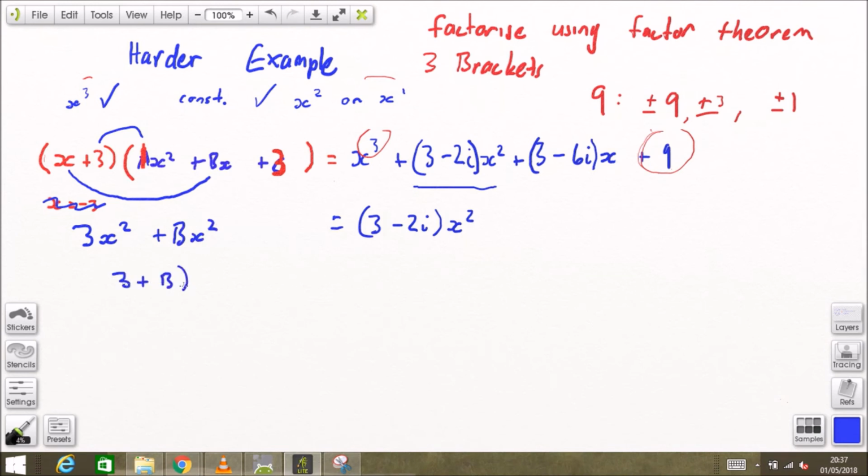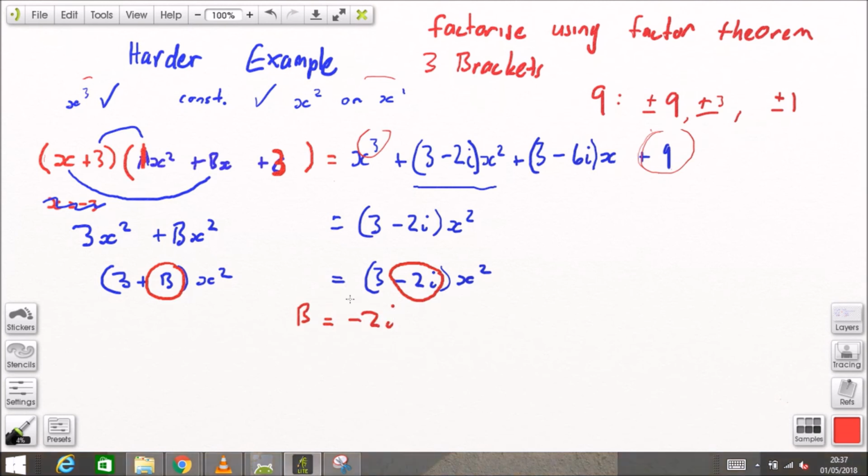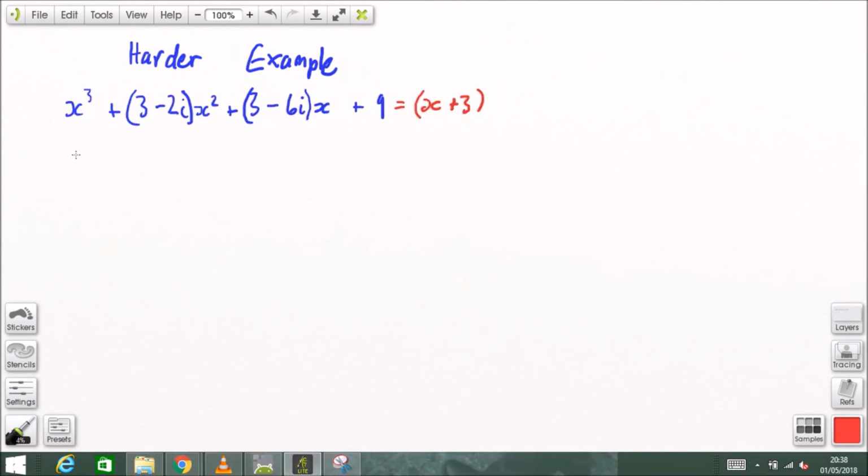They're both x squared terms. So if we combine them, we can see that 3 plus b has to equal 3 minus 2i. So b has to equal minus 2i. We can just see that from inspection. So we know that the quadratic term can be written out as x squared minus 2i x, that's our b term, plus 3.